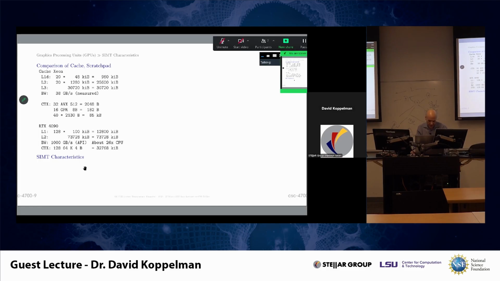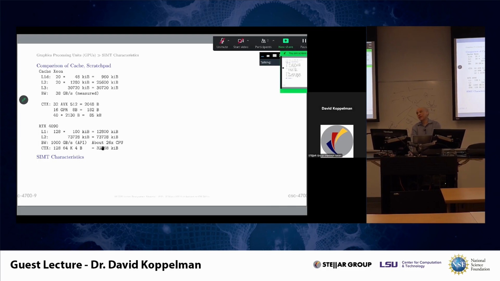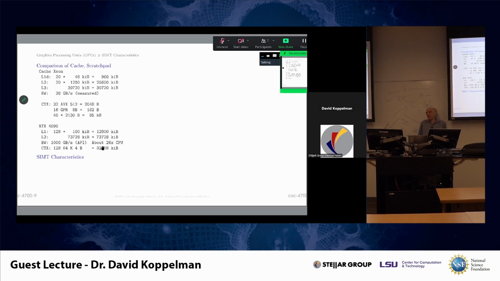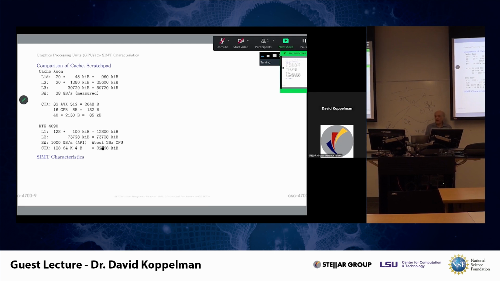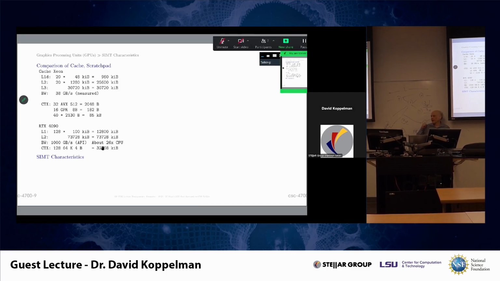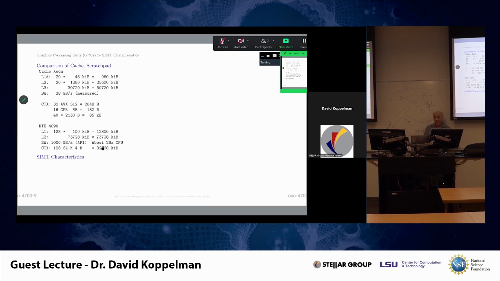But if you look at the differences here, it looks like the GPU only has about twice as much. So the other burden on a programmer of a GPU is you've got to use your memory very efficiently. Okay? That means very careful management of your algorithm.